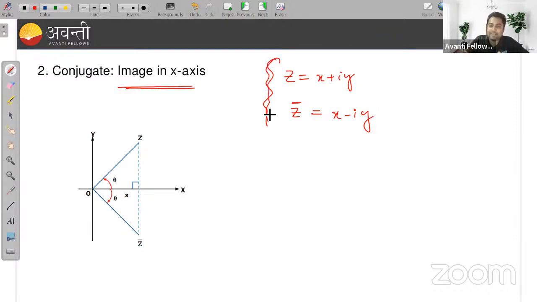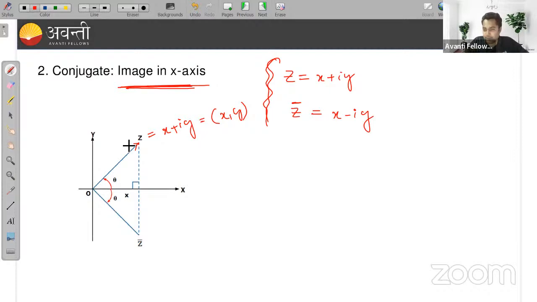If Z is equal to X plus iY, then the conjugate of Z is equal to X minus iY, or Z bar is equal to X minus iY. That is the same as saying the image in the x-axis. Suppose here you have the point Z, whose complex number is X plus iY, or coordinate-wise (X, Y).